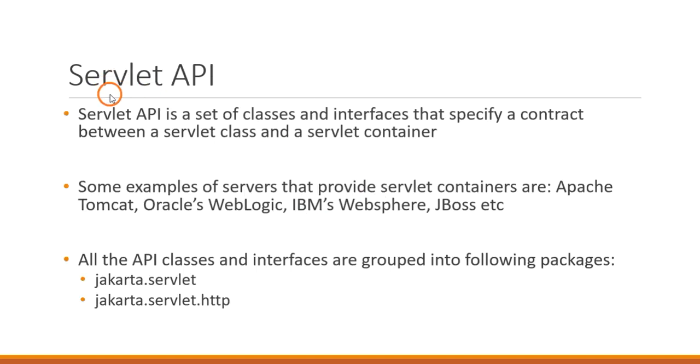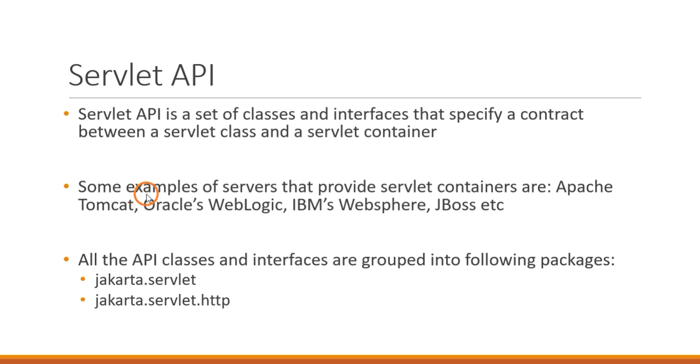Now let's discuss something about the Servlet API. So the Servlet API contains a set of classes and interfaces which specifies a set of rules between a servlet class and a servlet container. Okay, so remember it. Who provides the servlet container? The server software provides the servlet container. So in our example or in our program, the servlet container is provided by Apache Tomcat Server.